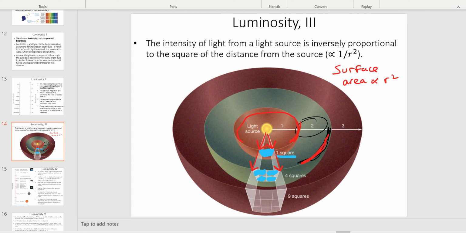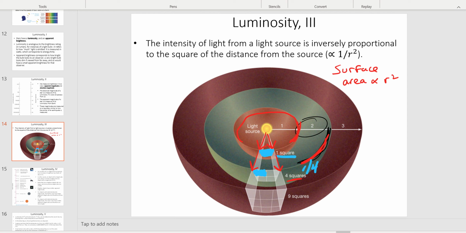So that means that the same amount of light that passed through 1 square will now pass through 4 squares. But our eyes are only 1 square in area. Our eyes haven't increased in size. And so therefore, we're actually not getting the same amount of light. Once we go to the second planet, which is a distance of 2 away, our eyes still have the same capacity to absorb light, so we're getting 1/4 of the light.